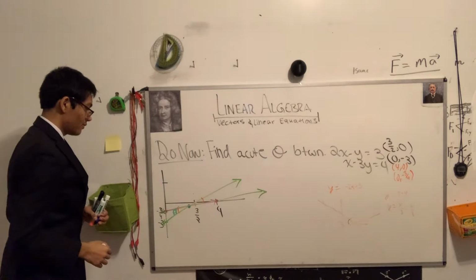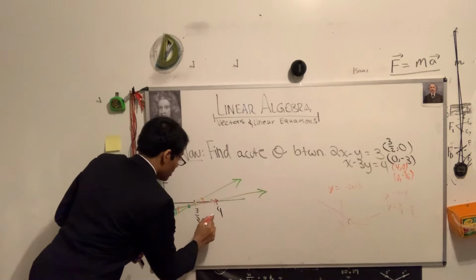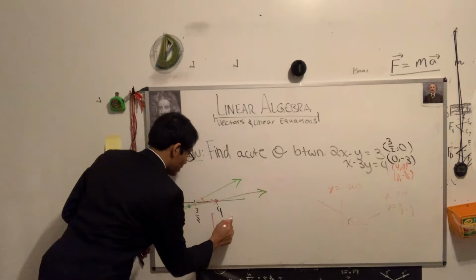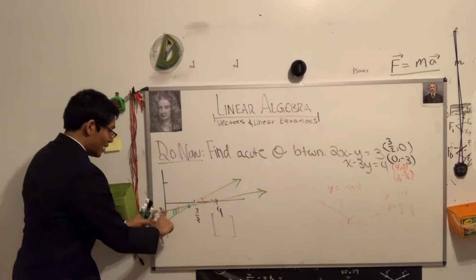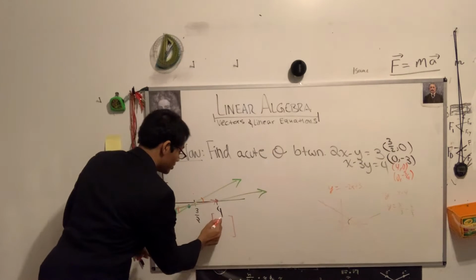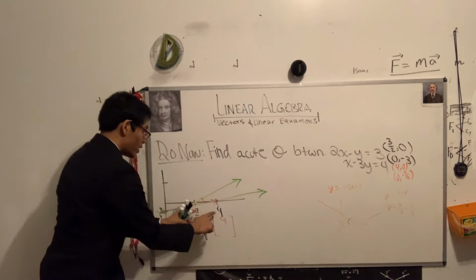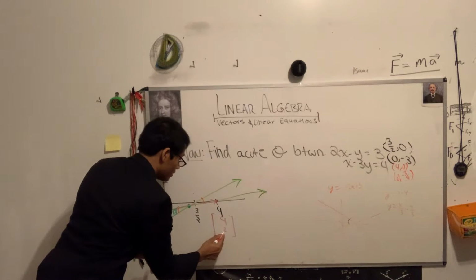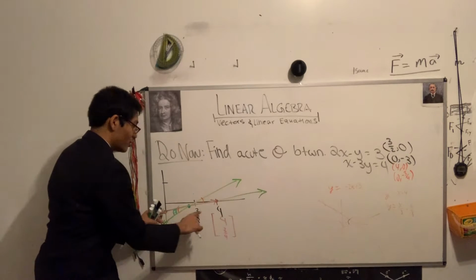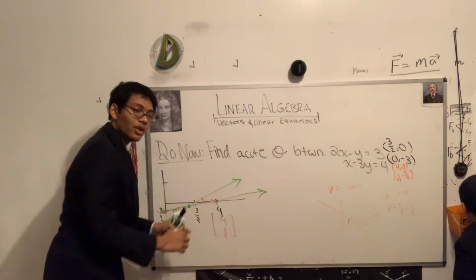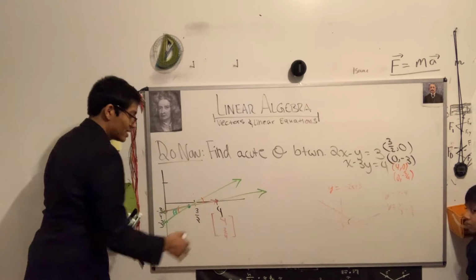What will the components of my vector be? Well, I'm going 4 in the x, as our student here has suggested, and I'm going 3/4 in the y. Positive 3/4, yeah. I'm going from negative 3/4 up to 0. So that's going to be the components of this vector.